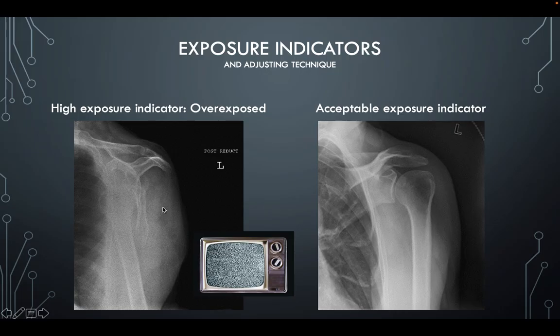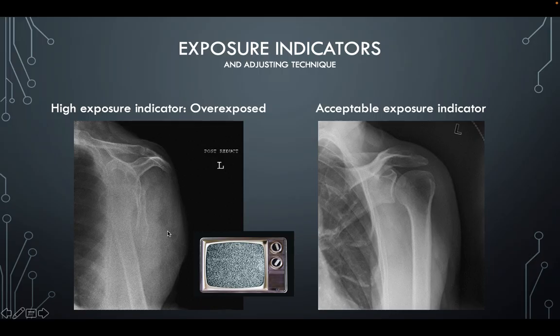So maybe I set a really high technique, but because my part wasn't centered correctly, the cell that was detecting my actual technique got to the technique, or it timed out, but it wasn't actually penetrating anything that I needed to see.